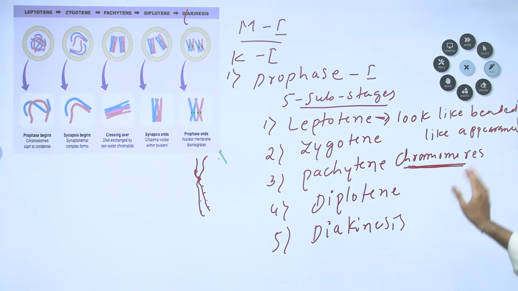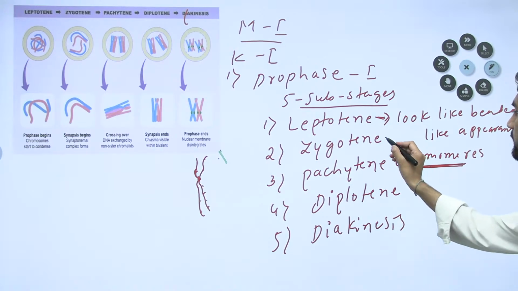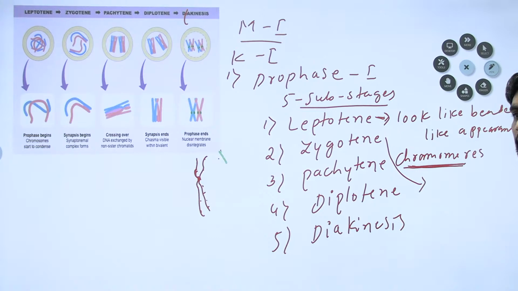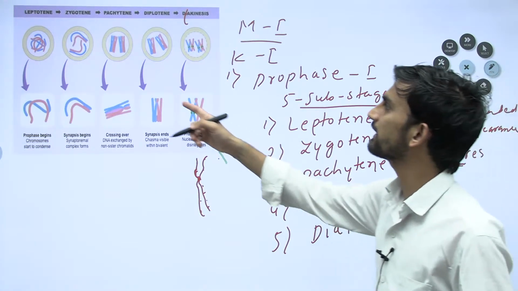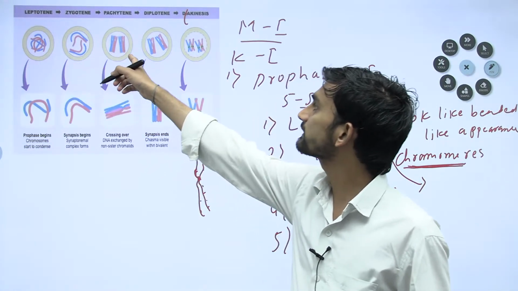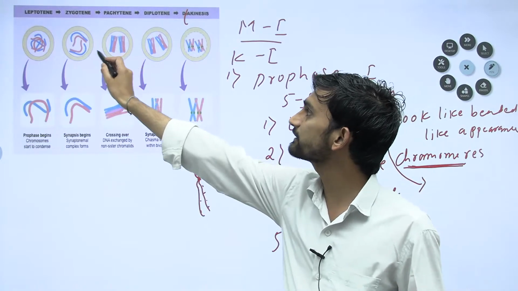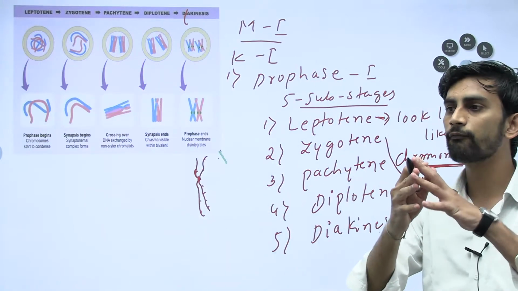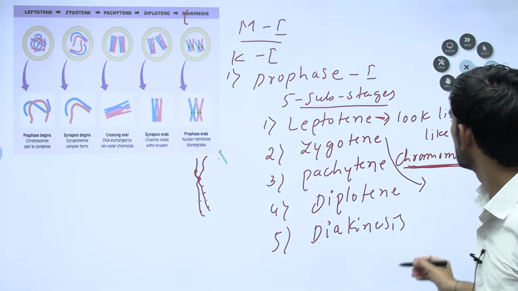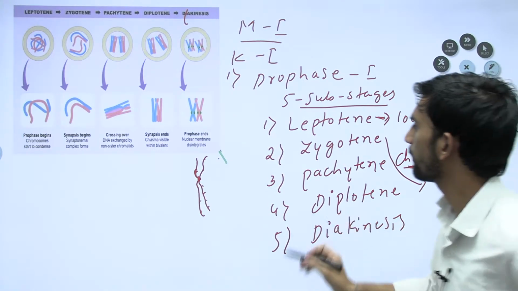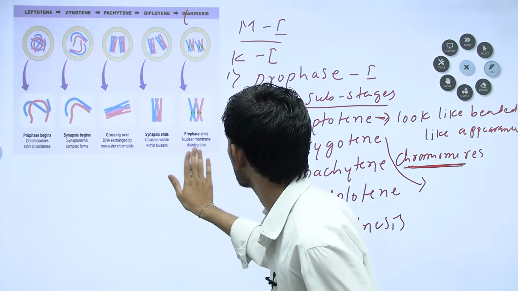Then followed by the zygotene stage. I'll write here about zygotene. In the diagrammatic representation they have shown that synapsis is occurring. Synapsis means pairing of homologous chromosomes will begin. How does this pairing of homologous chromosomes happen? I'll just draw it, you should remember.